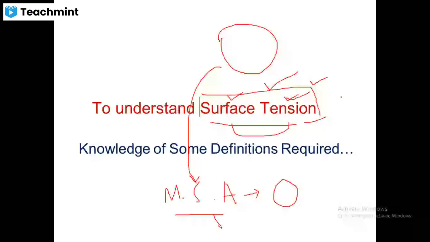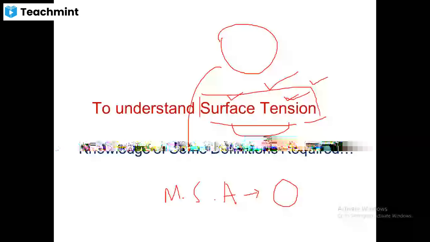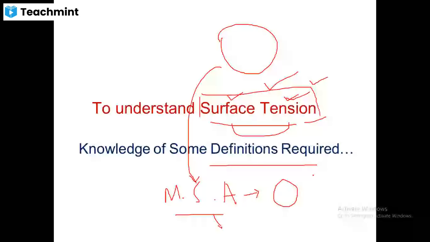To understand this in more detail, we have to have the knowledge of some more definitions. Once you understand these definitions, then definitely we'll come to know what exactly surface tension is all about, and what are the phenomena associated with it.